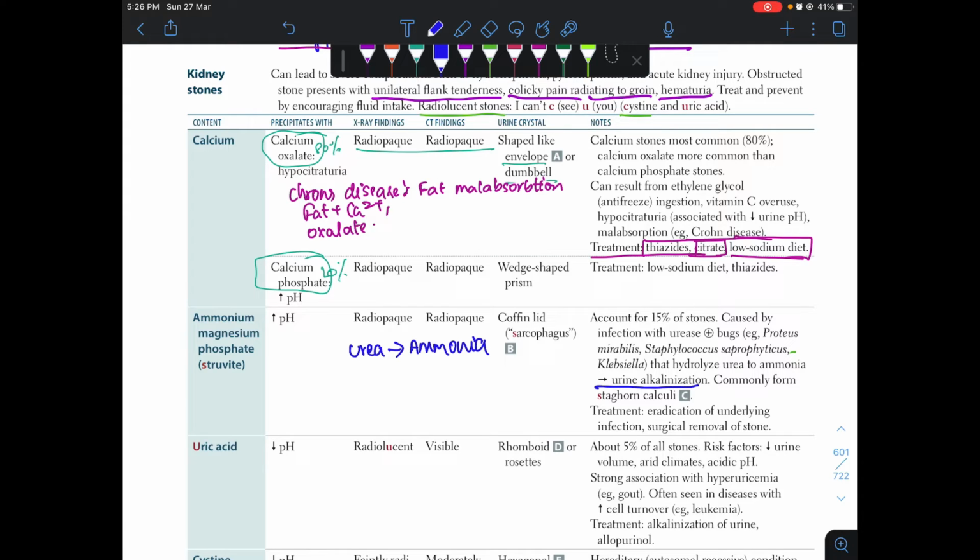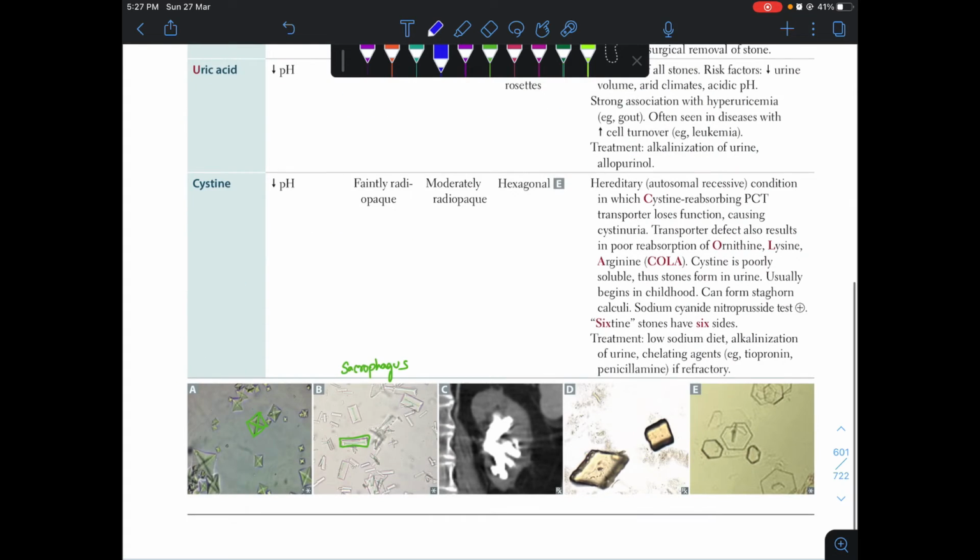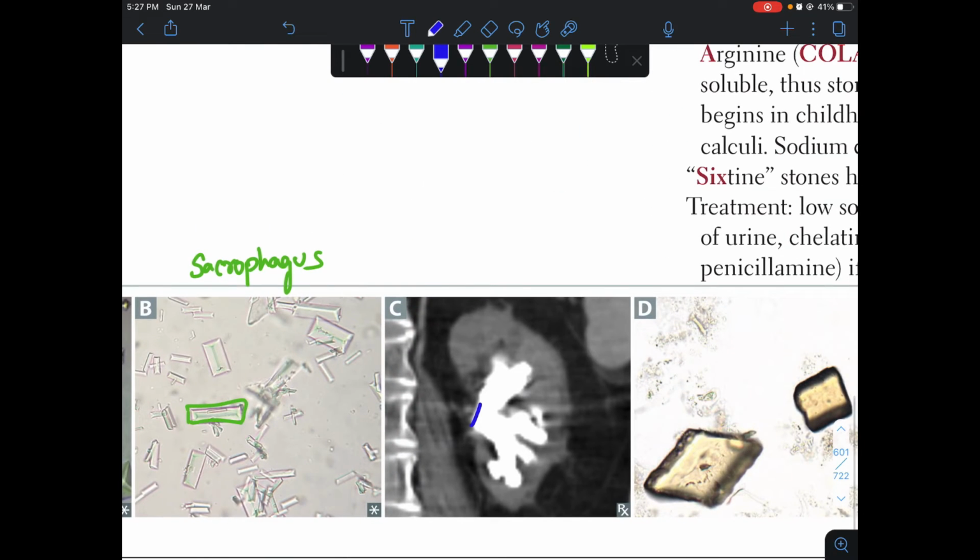Hence, there will be increased formation of struvite stones. This is commonly formed as Staghorn calculi. As we can see here, this whole radio opacity is a stone.